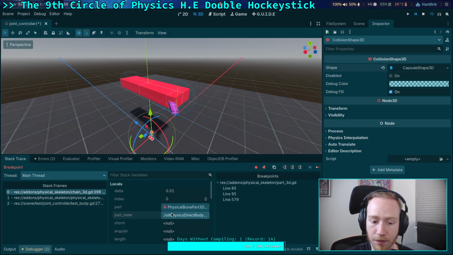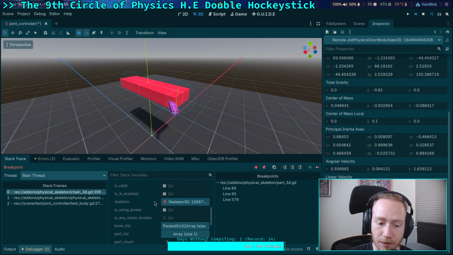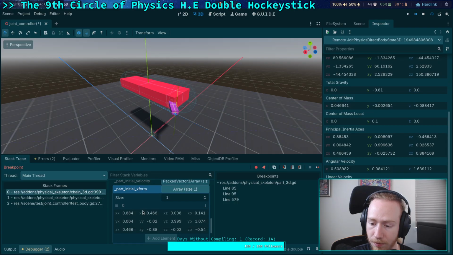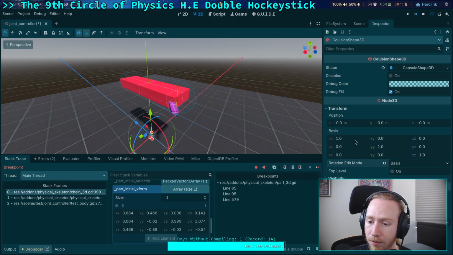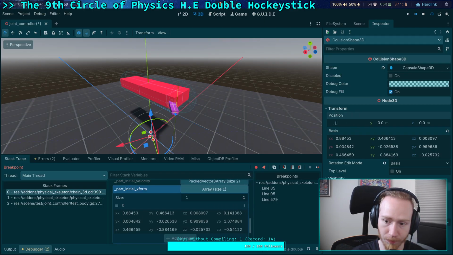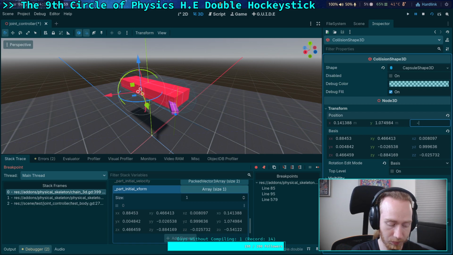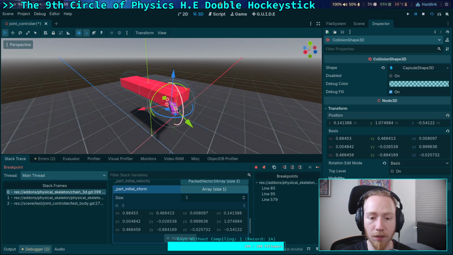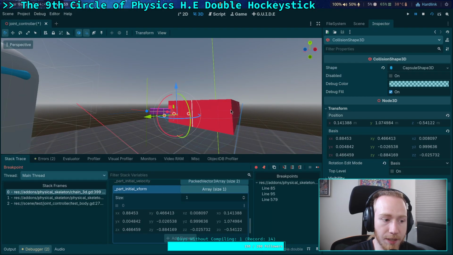Paste unique. And then this is the initial transform. Copy. So this is the initial transform.